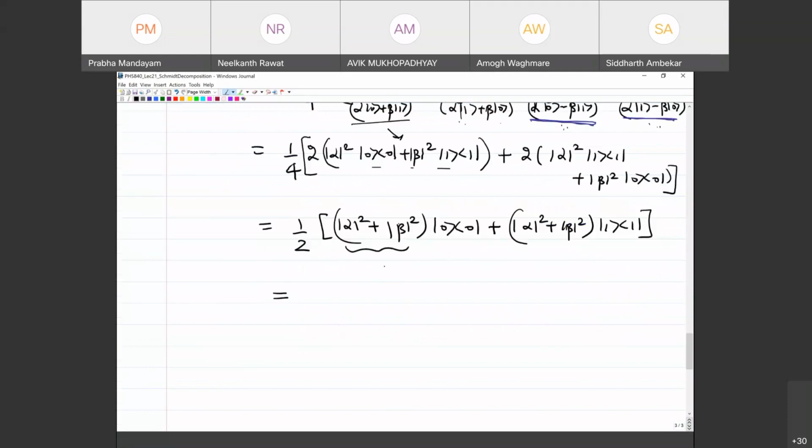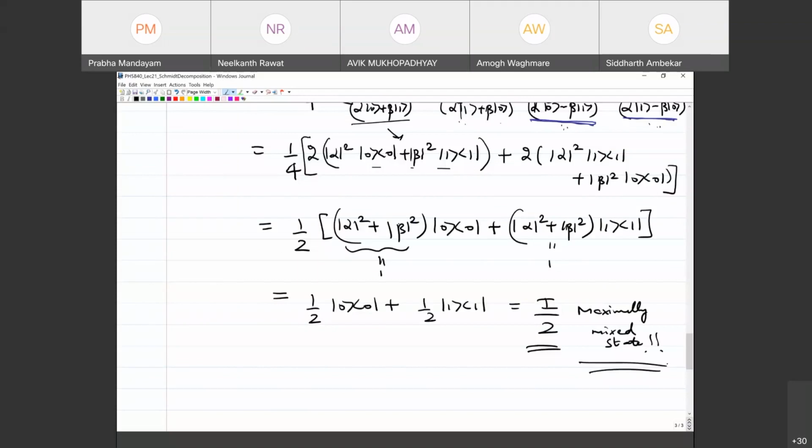Exactly. So what is this reduced state finally? This is simply going to be half |0⟩⟨0| plus half |1⟩⟨1|, which is simply identity by 2, which is the maximally mixed state. Okay.